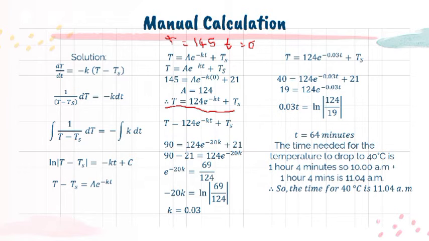From this equation, we also have another piece of information, which is when T is equal to 90 degrees and time is equal to 20 minutes. We can find the constant k by substituting into the equation.